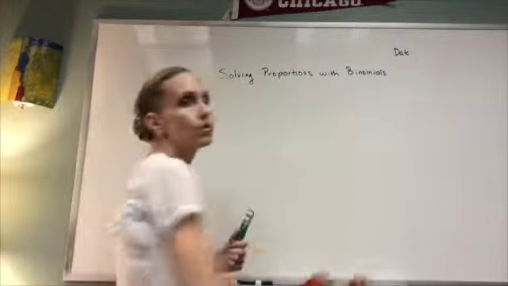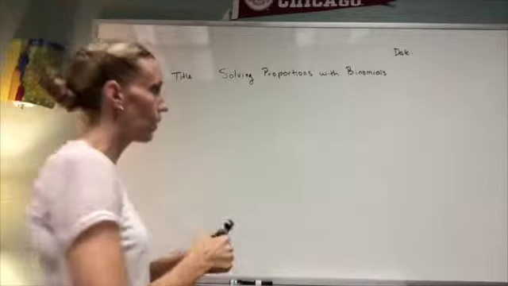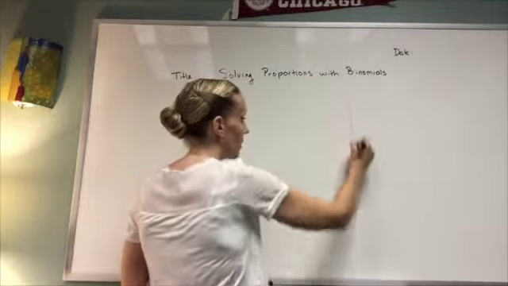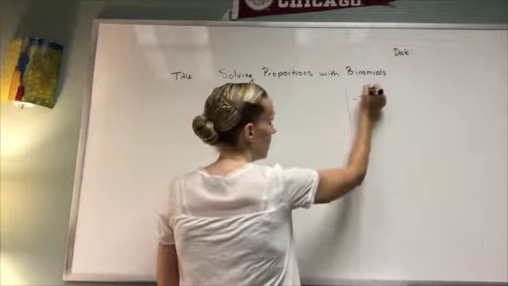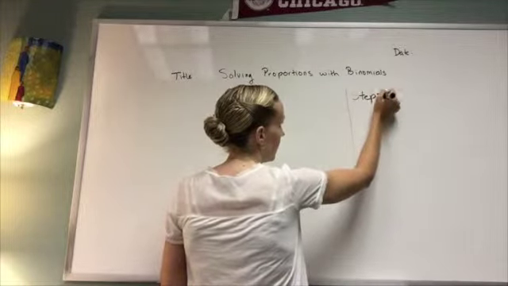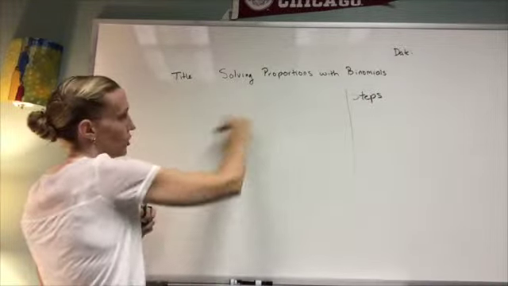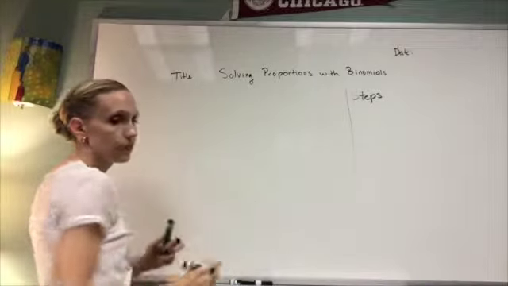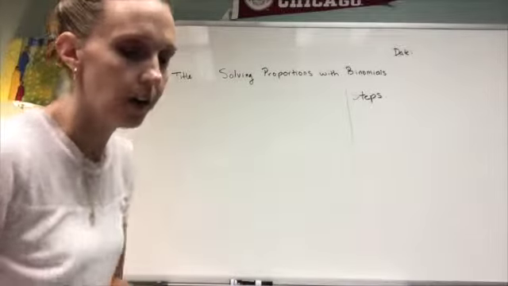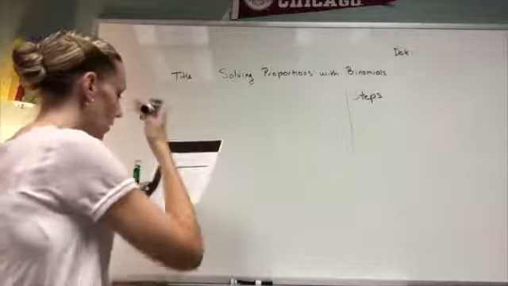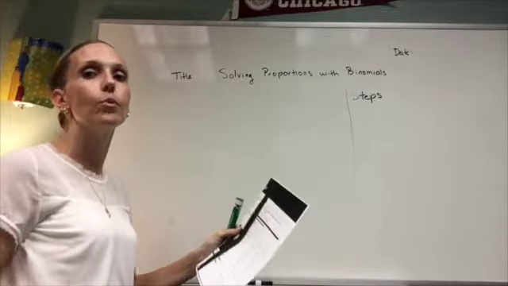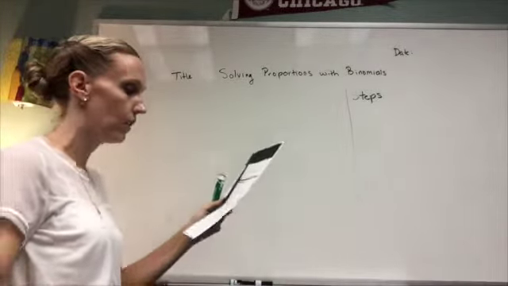I'm going to do the notes just a little differently today. We're going to put our steps over here, and then how we're doing the equations right here. So what do I mean when we have a proportion with a binomial?